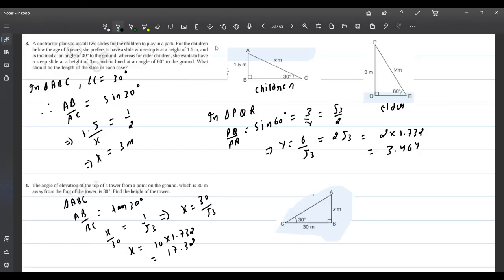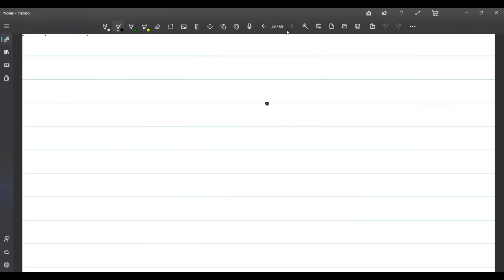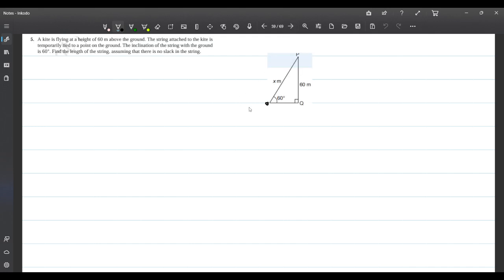Now move to the fifth question. Fifth question we have, this side is O and this side is P. A kite is flying at a height of 60 meter from the ground. So this is 60 meter.